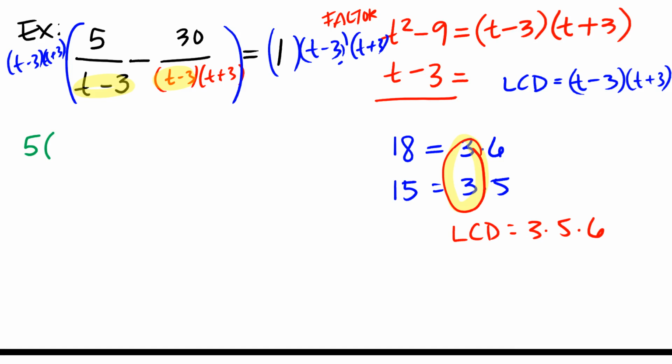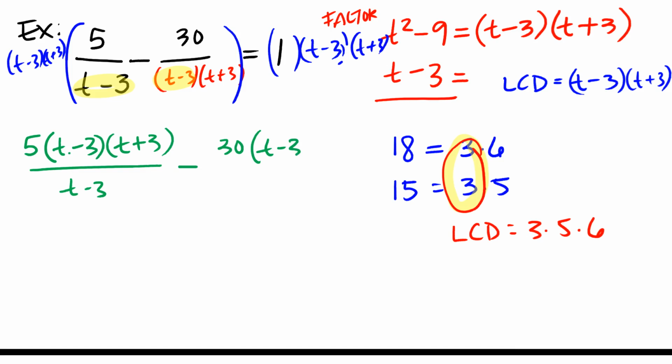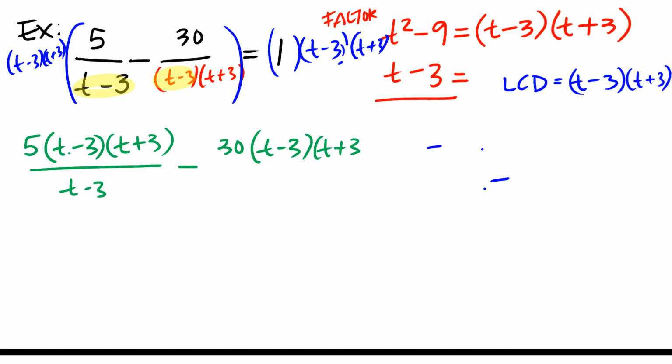So the top of this one, the numerator, is going to be 5 times t minus 3 times t plus 3, all over that t minus 3. Our second term, still have the 30, t minus 3, t plus 3. Move all these little numbers. We don't need them anymore. And that's all over our factored version of that denominator, t minus 3, t plus 3.